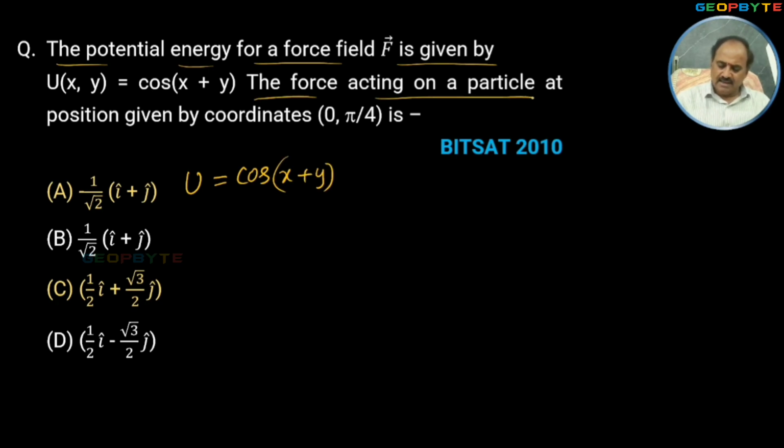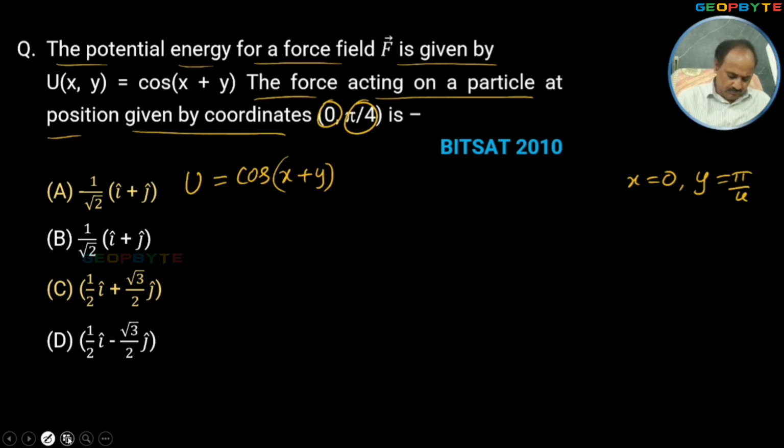The force acting on a particle at the position given by coordinates, x is 0 and y is pi by 4. Then let us write the general formula of force. Force general formula is minus dou u by dou s, where s is the distance.